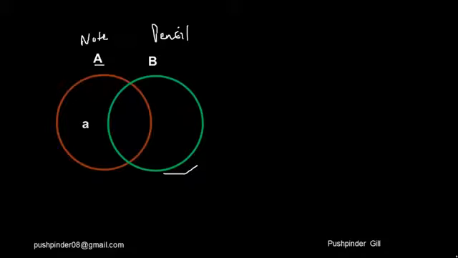Now if you want to calculate A union B, what is A union B? A union B is nothing but either A or B. The meaning of this is also either A or B. So he can ask you the question in any way. So how do you calculate that in terms of A and B?